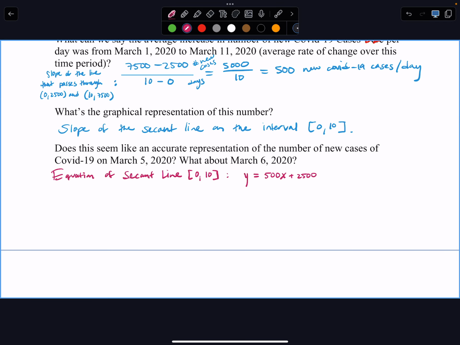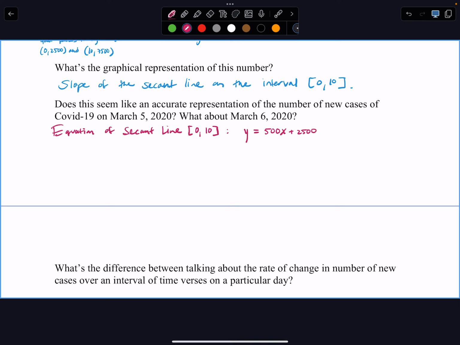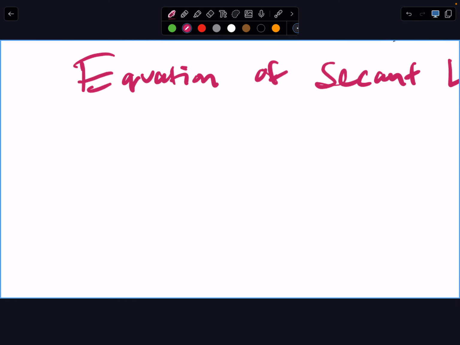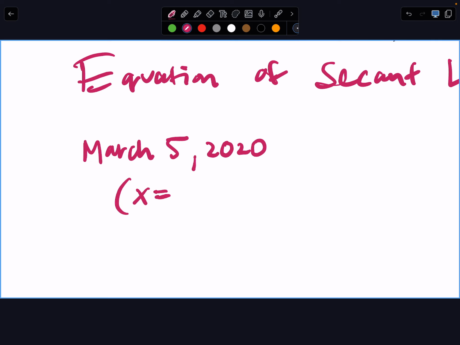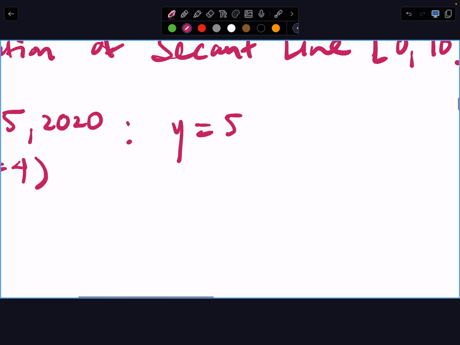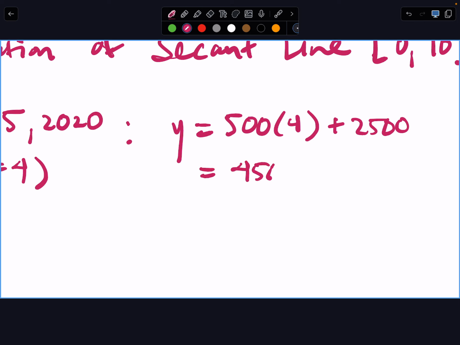Okay, so if we were to use this equation to try and predict the number of new COVID-19 cases on March 5th, you could either use this equation or you could just count up by 500. You'd get the same value. So if we did y equals 500 times 4 plus 2,500, we get 4,500 new COVID-19 cases.